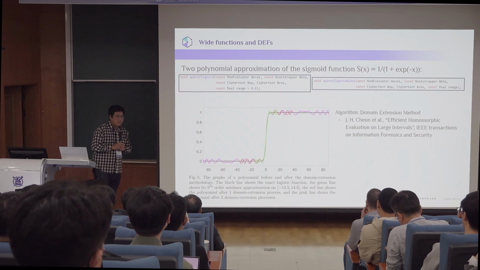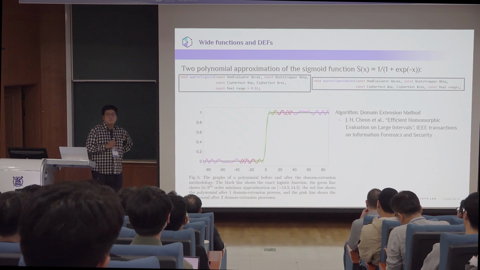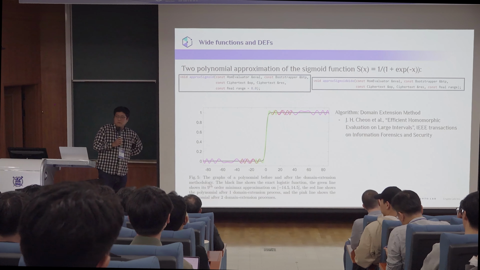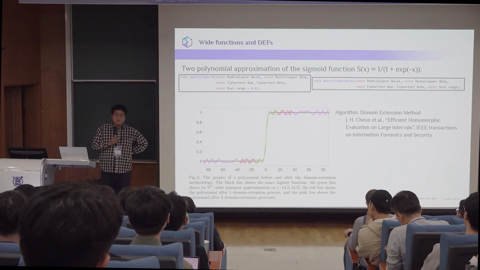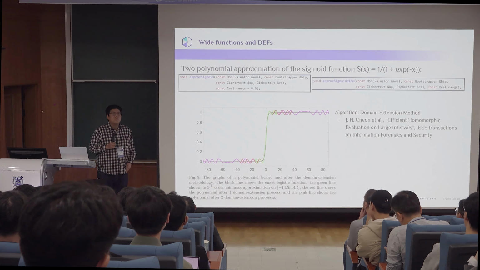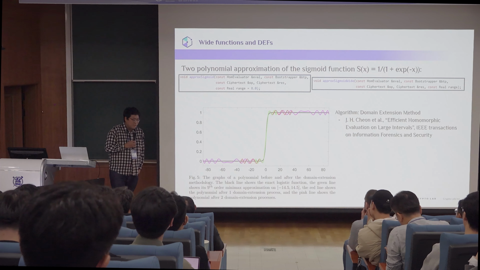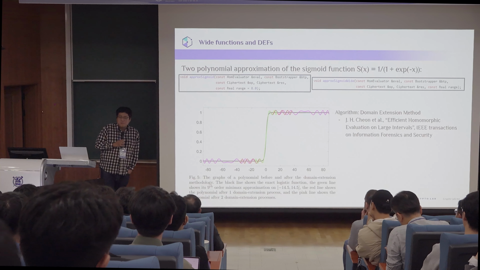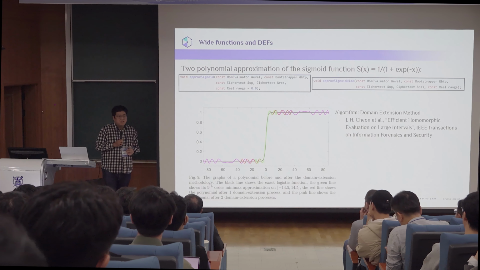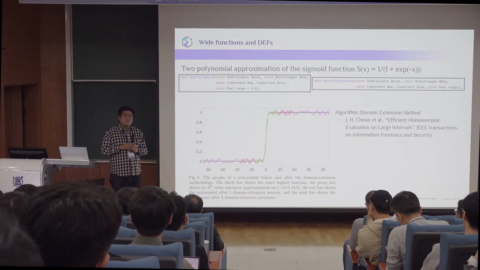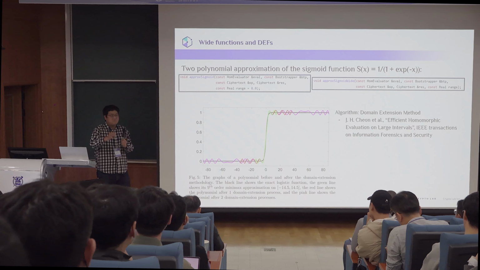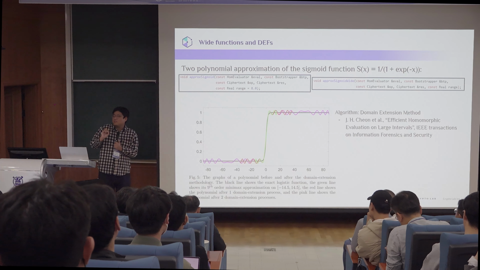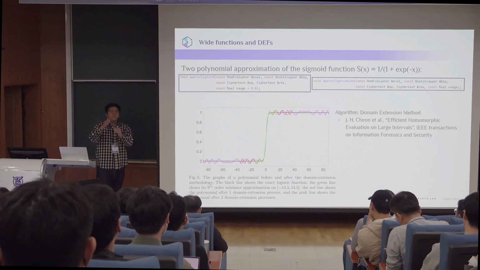For example, if we have a function that only works on the interval from -1 to 1, and we need a function working everywhere, for example from -100 to +100, then we can compose a function that maps -100 to 0 to the region -1 to 0, and 0 to 100 to 0 to 1.